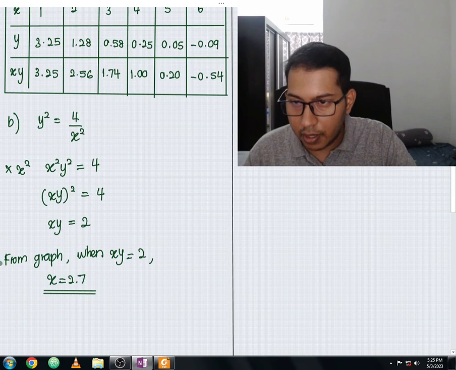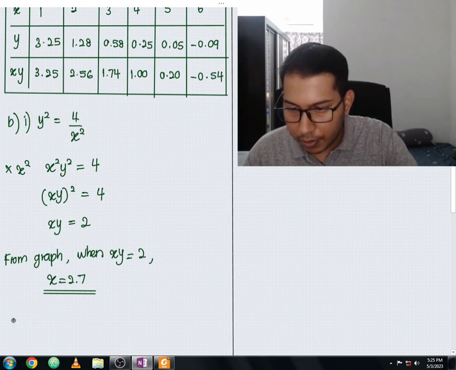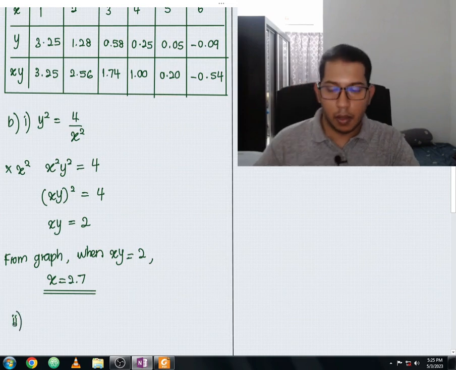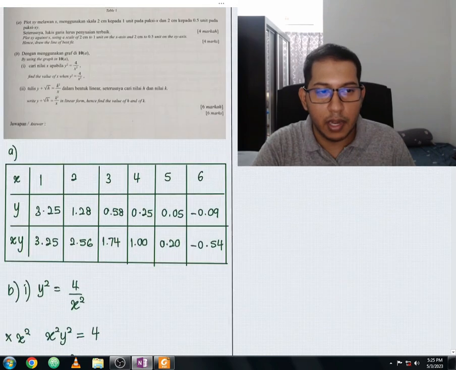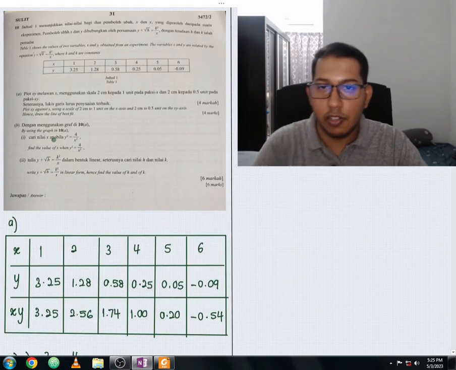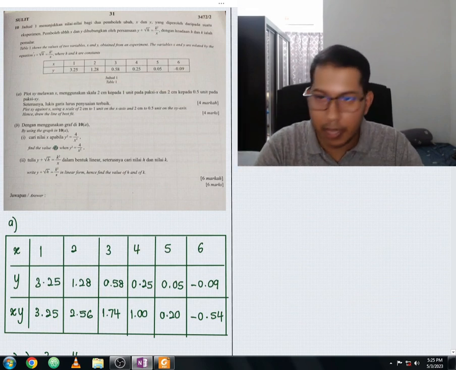So let us proceed with our discussion. Actually, this was question B part 1, and now we proceed to question B part 2. For question B part 2, we are required to change the non-linear form into a linear form. Usually this will be the first step, but surprisingly this working comes towards the last step, but it's okay.